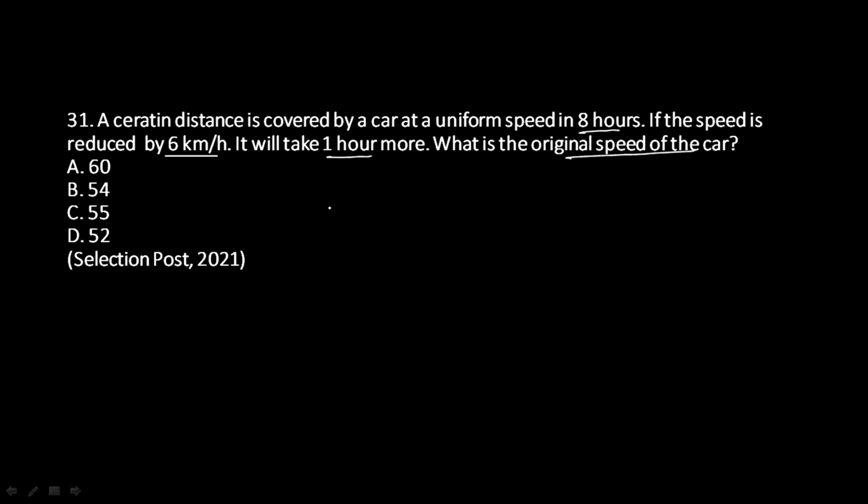We know speed is inversely proportional to time, whereas distance is equal to speed into time. Right? So how will you solve it? Look, there is a time given, in two parts, right? In the first case it was 8, and it says it will take 1 hour more.